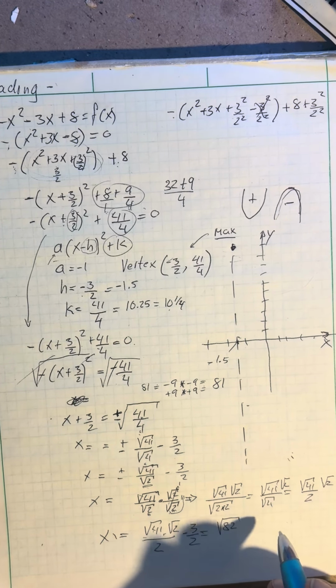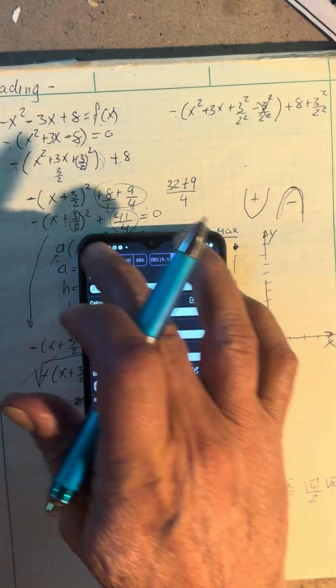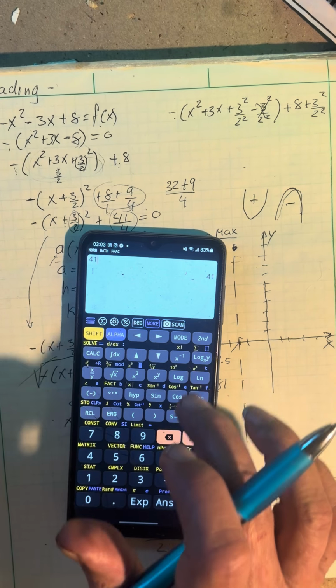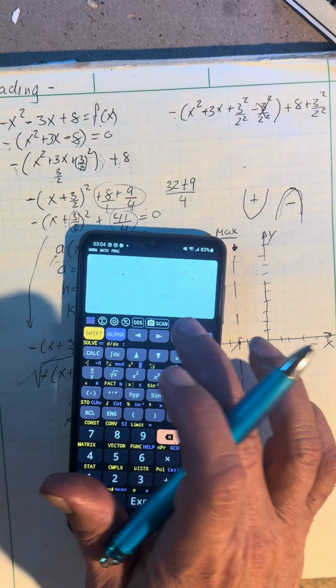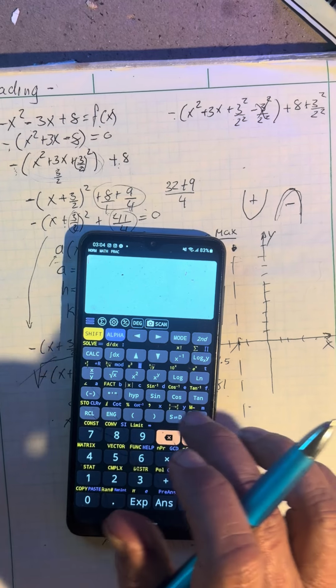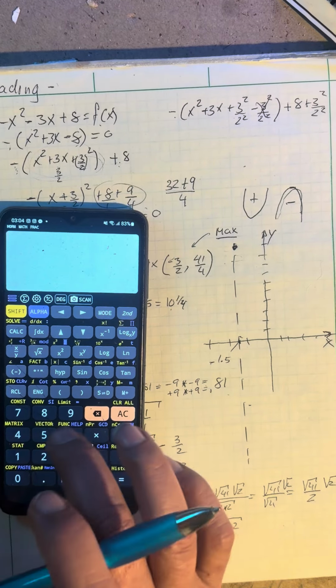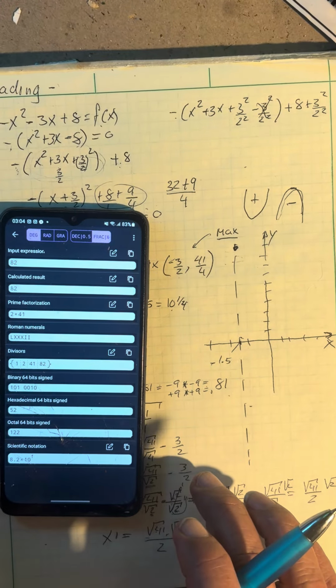I wonder what we can do with 82. Let's ask my handy dandy calculator, because I'm kind of dumb, you know. That's why I use my handy dandy calculator. So we write 82, and we see what 82 is.